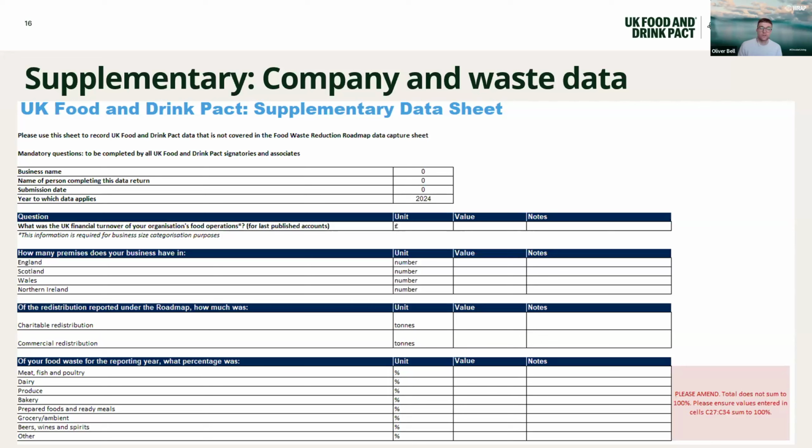Further guidance can also be found on the differences between discounted sales, staff sales, and commercial redistribution, so please review the guidance sheet for additional information around that. And finally, we also ask for the proportion of your food waste broken down by food category as a percentage.